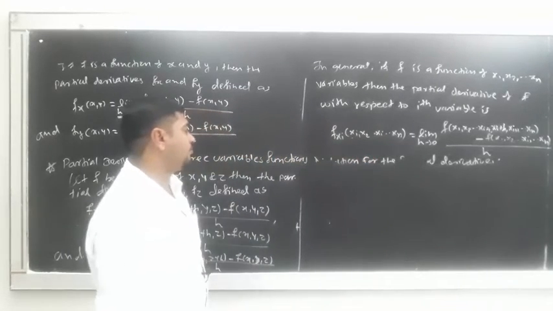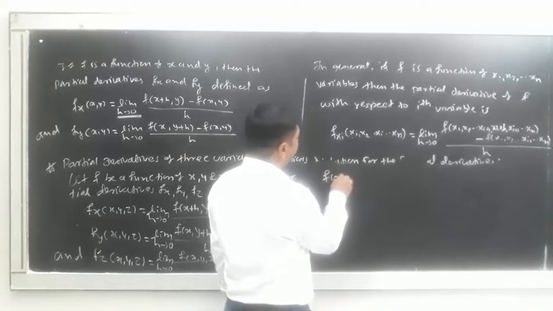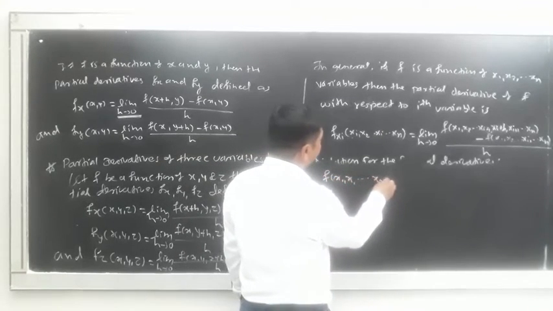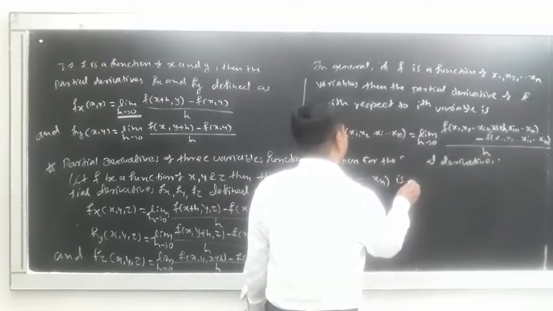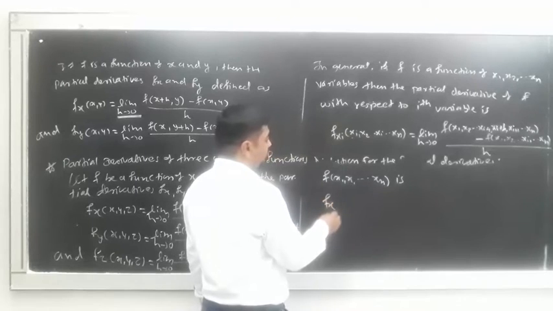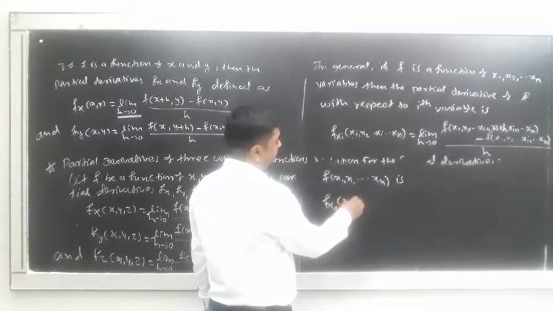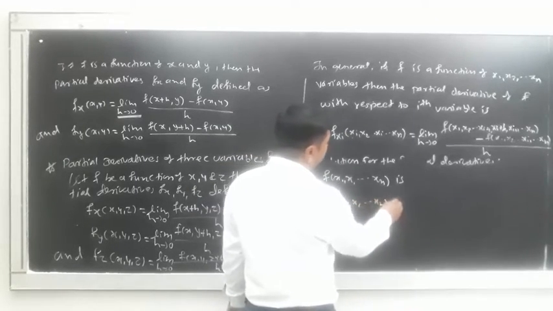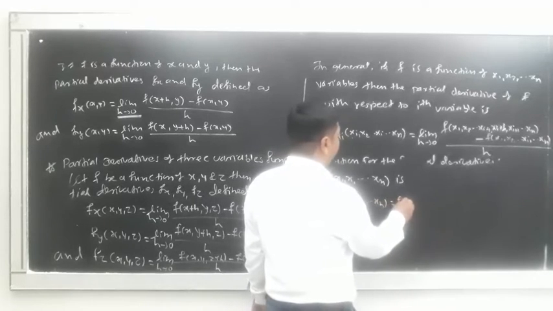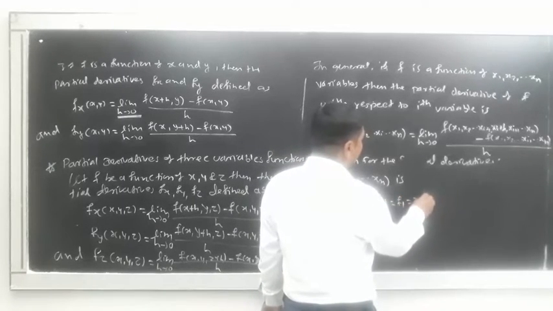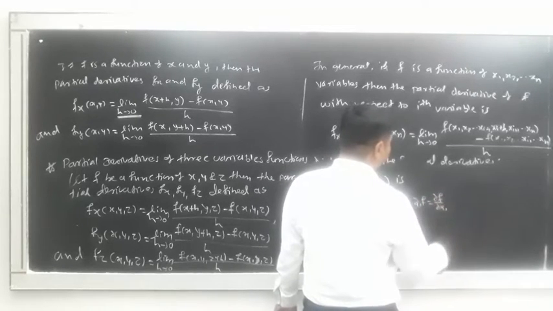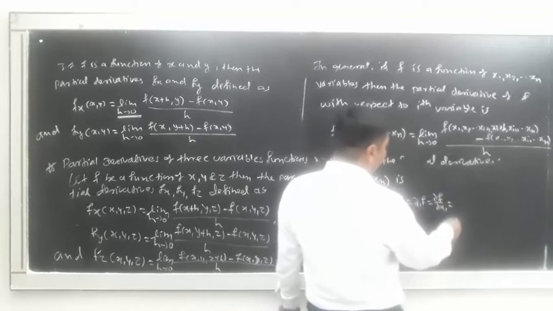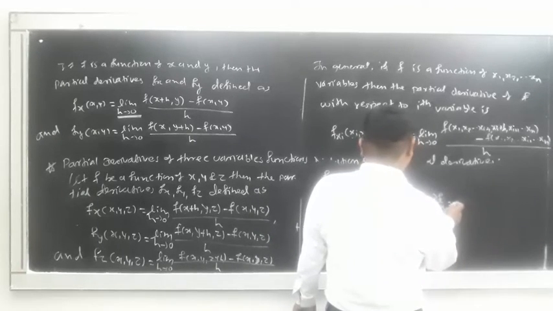In the similar manner, for an n variable function f(x1, x2, ..., xn), we can write the partial derivatives as f_x1(x1, x2, and so on, xn), then f1, D1 f, ∂f/∂x1, or by different methods.